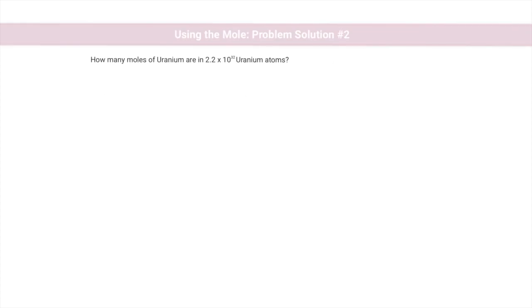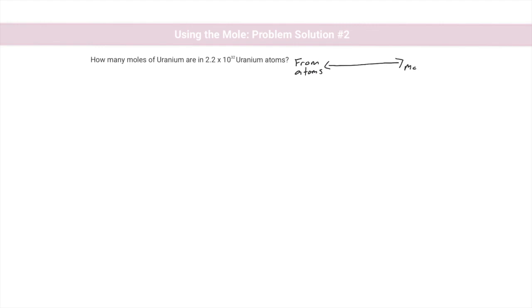In our next problem, we're asked how many moles of uranium are in 2.2 times 10 to the 32 uranium atoms. What we're converting from are atoms of uranium. And this time we're going to moles.